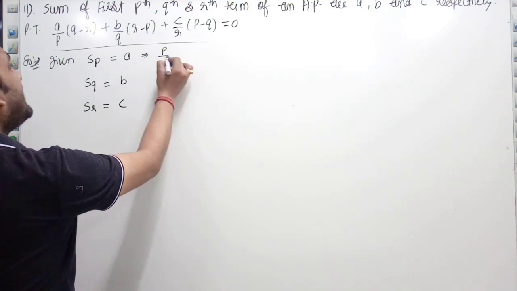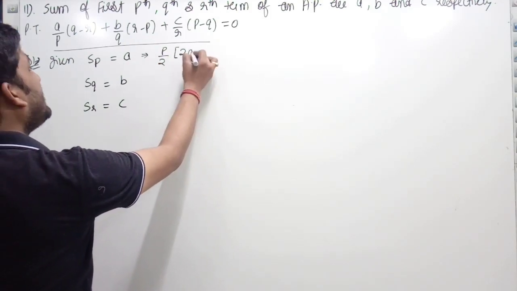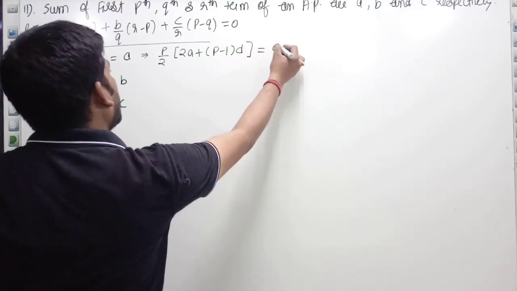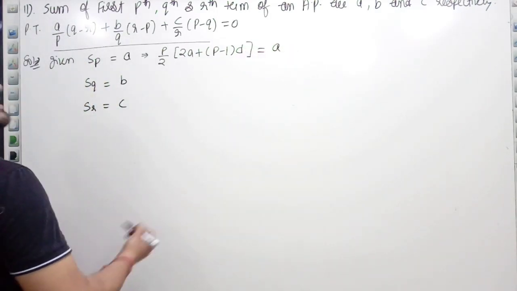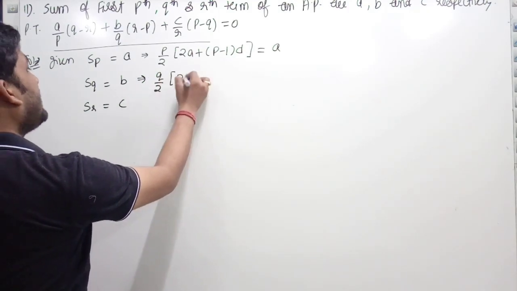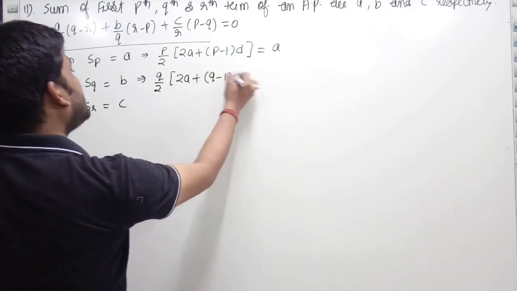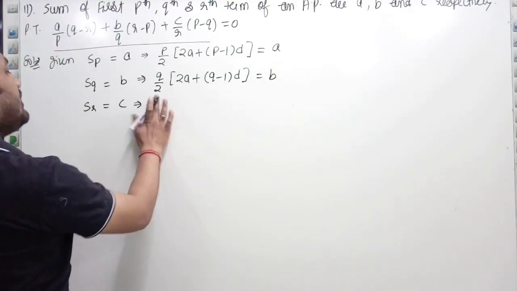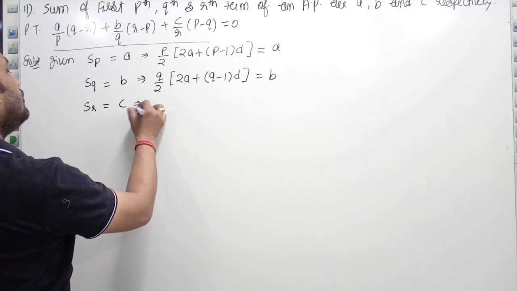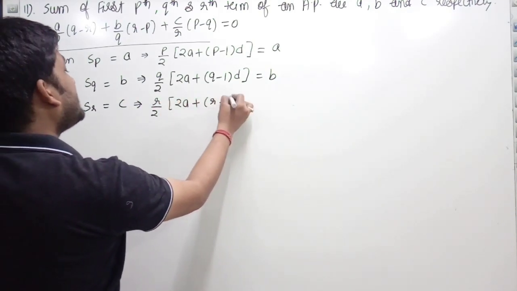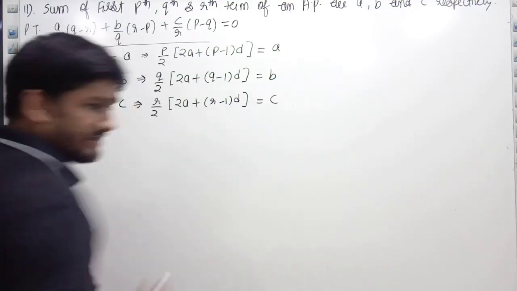This will give you P by 2, 2A plus P minus 1 into D is equal to A. Now the next expression will give you Q by 2, 2A plus Q minus 1 into D equal to B. And the third expression will give you R by 2, 2A plus R minus 1 into D equal to C.